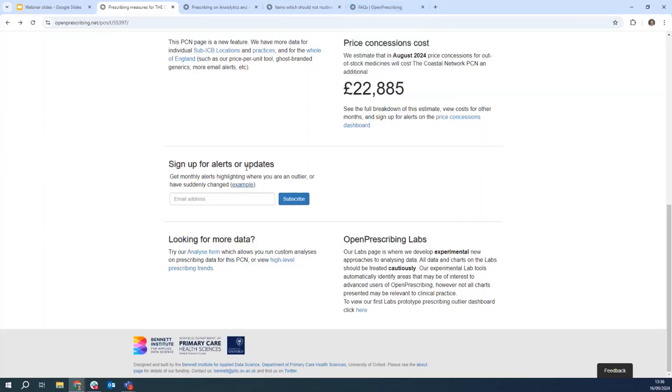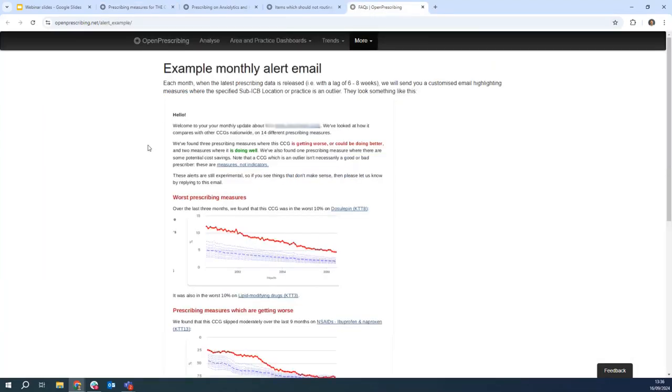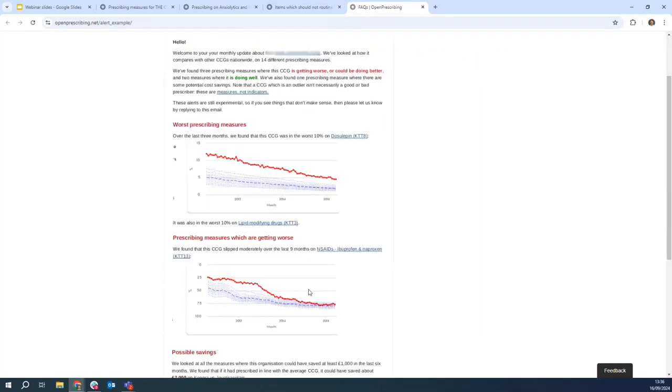If nothing else, it's a good prompt that the data is updated and you can see new data in OpenPrescribing, but you also get an email that's personalized for wherever you subscribe for. So if you subscribe for this PCN, you will see a little bit more detail about what's happening in your PCN and what's changed.